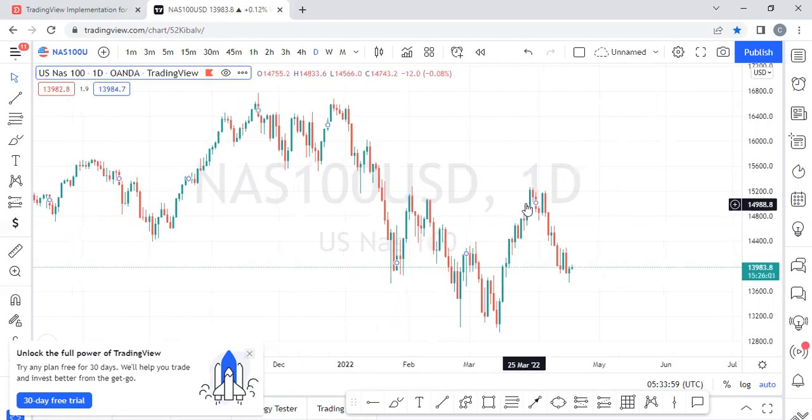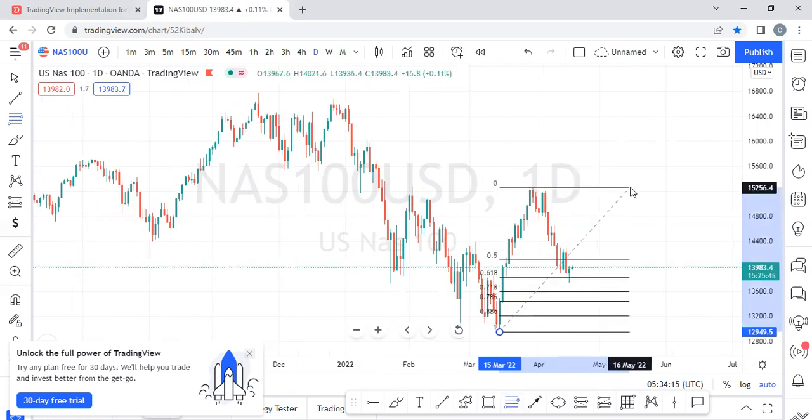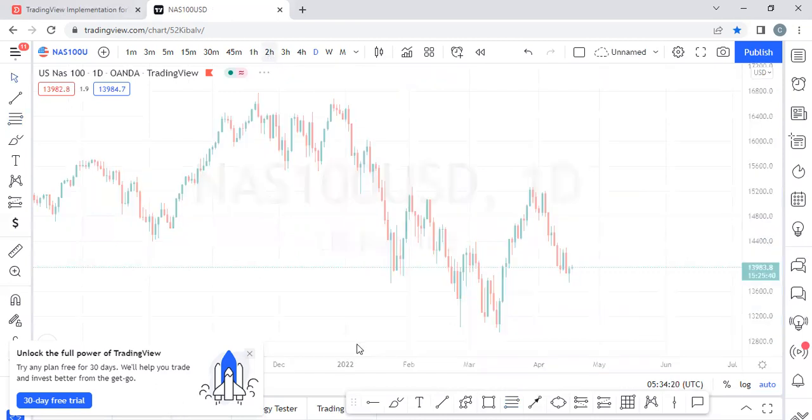This is NAS 100. Looking at the structure of this, I can see a kind of bullish structure forming. If you look at Fibonacci too, this is actually at the discount level. Price is suggested for the 61.8. So let's look for possible buy ideas to take the market up, since we are seeing a kind of bullish market.